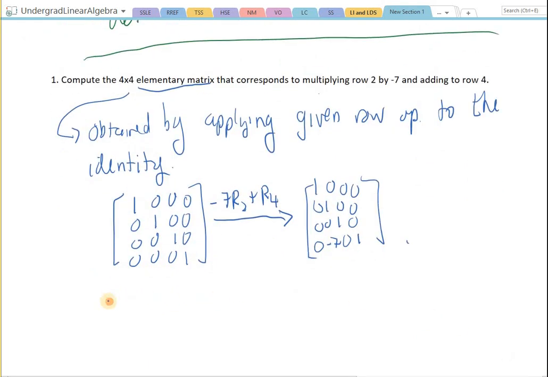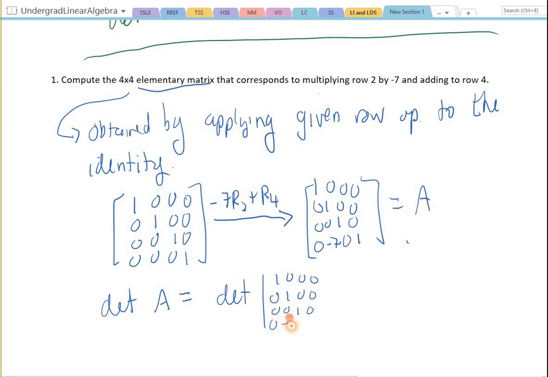Now notice that if I call this A, the determinant of A is equal to what? Well, we could do our row expansion thing. We might as well do, say, the first row. So I'm not even going to write down the zeros.